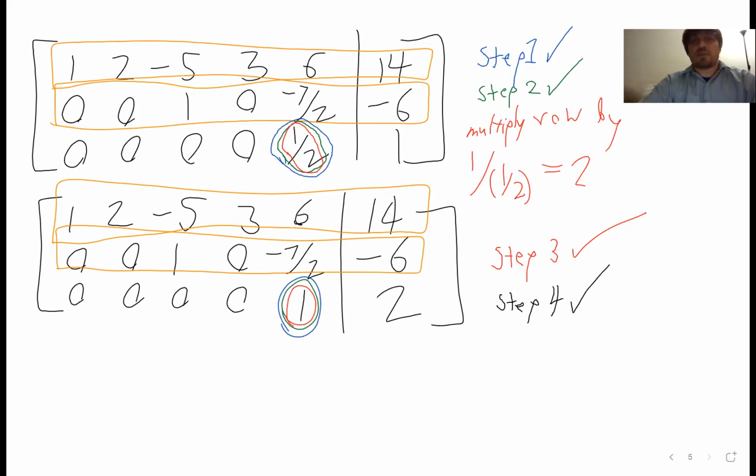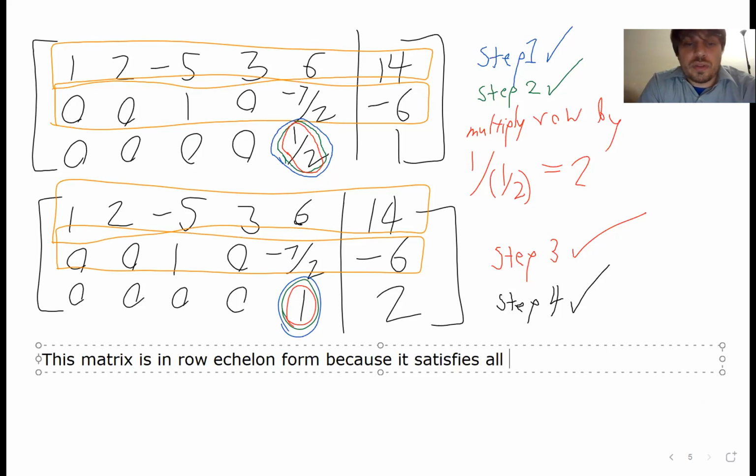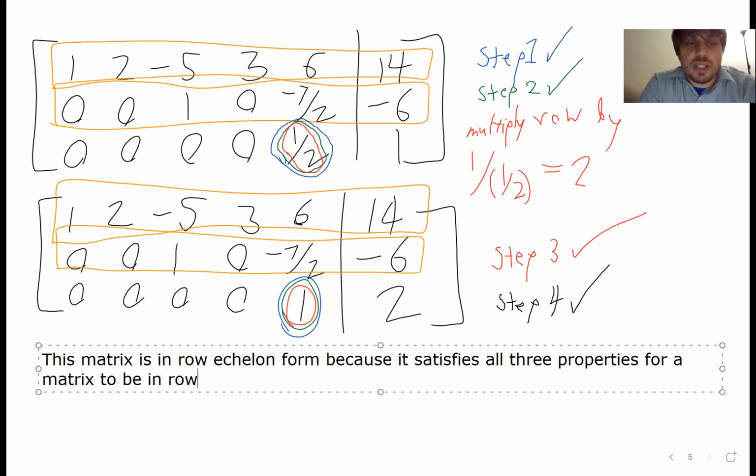And so that means we can move on to step 6 finally, okay? This matrix is in row echelon form because it satisfies all 3 properties for a matrix to be in row echelon form, as can be checked.